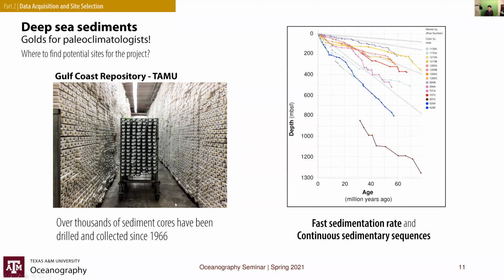So what I have to do is to find sites that have virtually complete sedimentary sequences deposited continuously across the last 66 million years, and also relatively high sedimentation rates, because high sedimentation rates will at least give you a higher chance of enough organic material that we can use to extract measurable GDGTs.